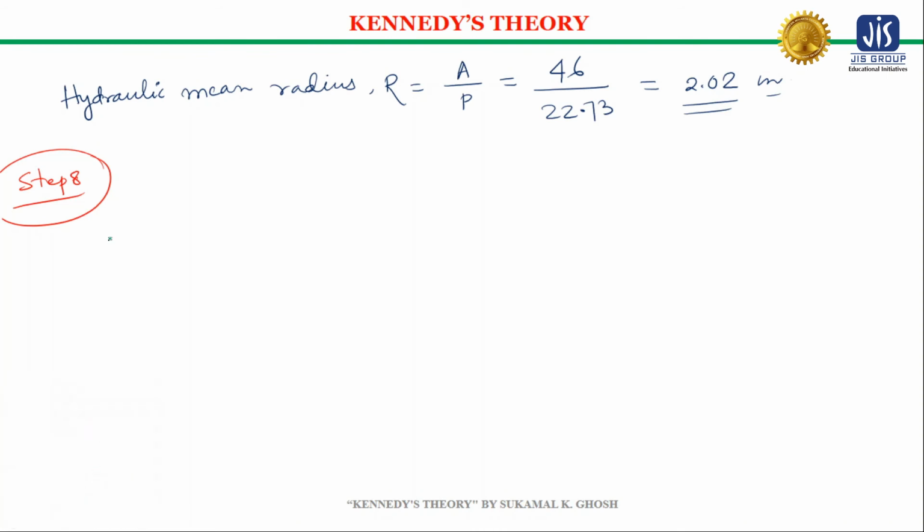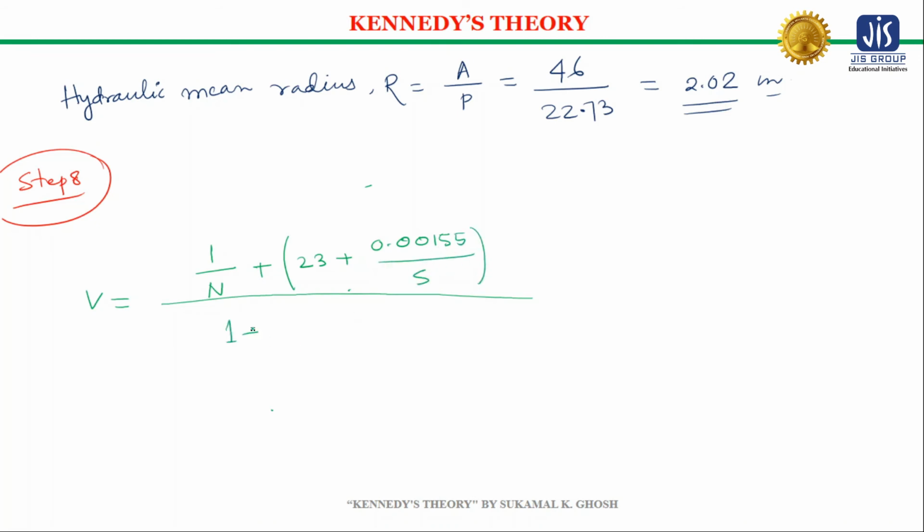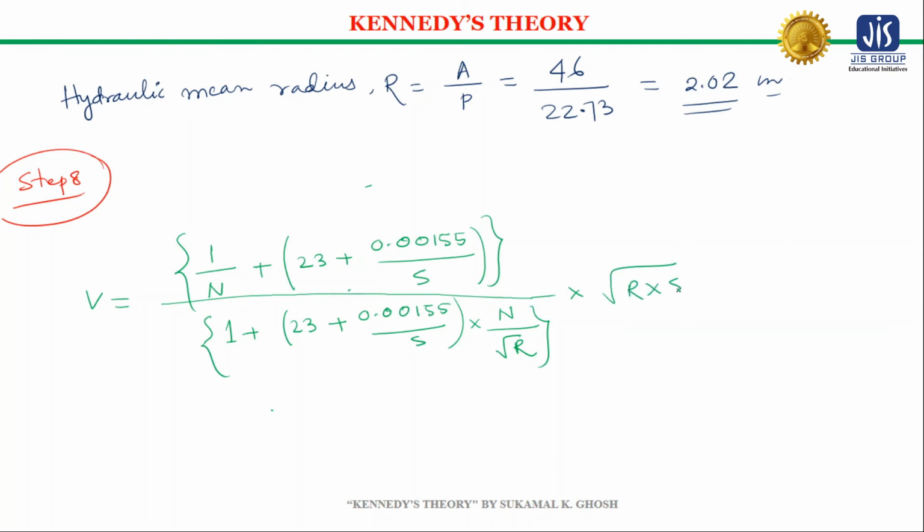So Kutter's equation was, that is V is equal to 1 divided by n, that is rugosity coefficient, plus 23 plus 0.00155 divided by the bed slope, 1 plus 23 plus 0.00155 divided by S into n divided by root R, that is mean radius, into root R into S, that is bed slope.